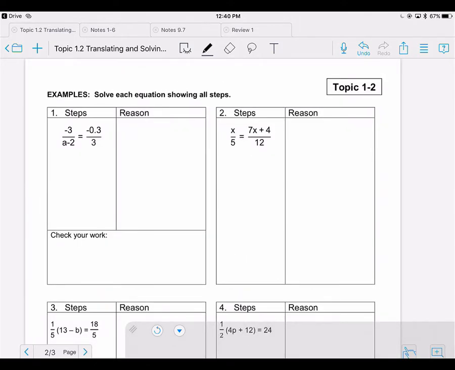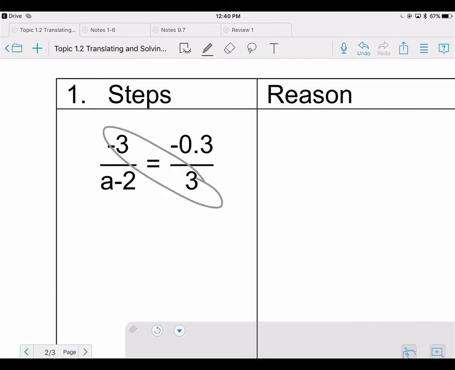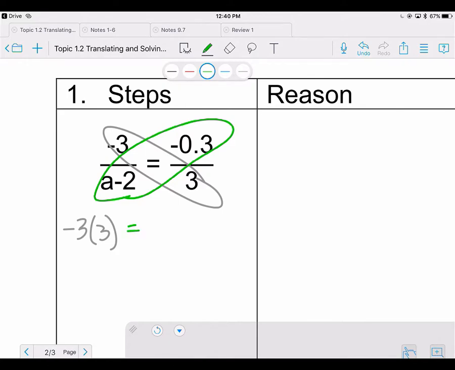On the back, they ask us to solve the equation showing all of our steps. So for this step, anytime that you have fractions, you are going to cross multiply, which is also known as the butterfly method. It does not matter which one you put in front and which one you put in the back. What does matter is this green example, negative 0.3 is being multiplied by all of a minus 2.